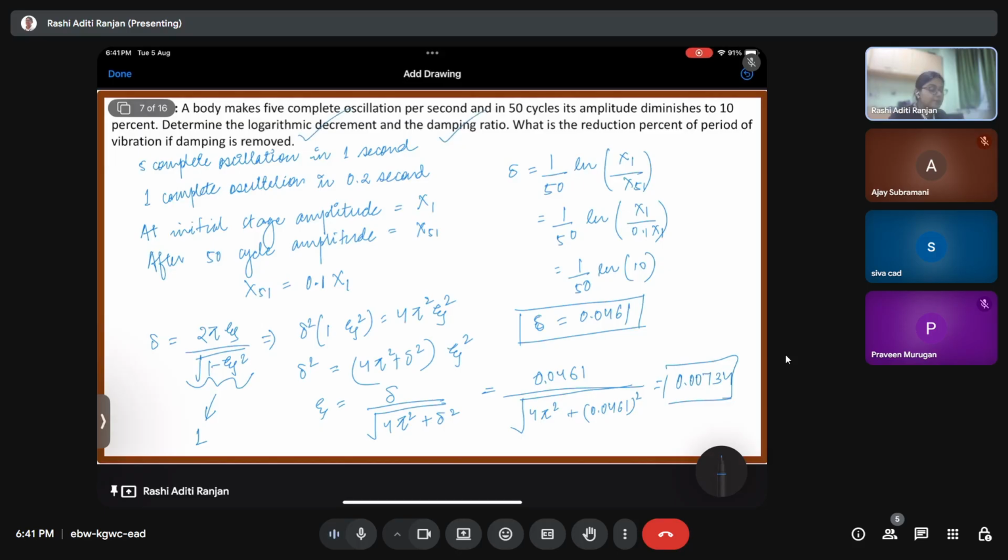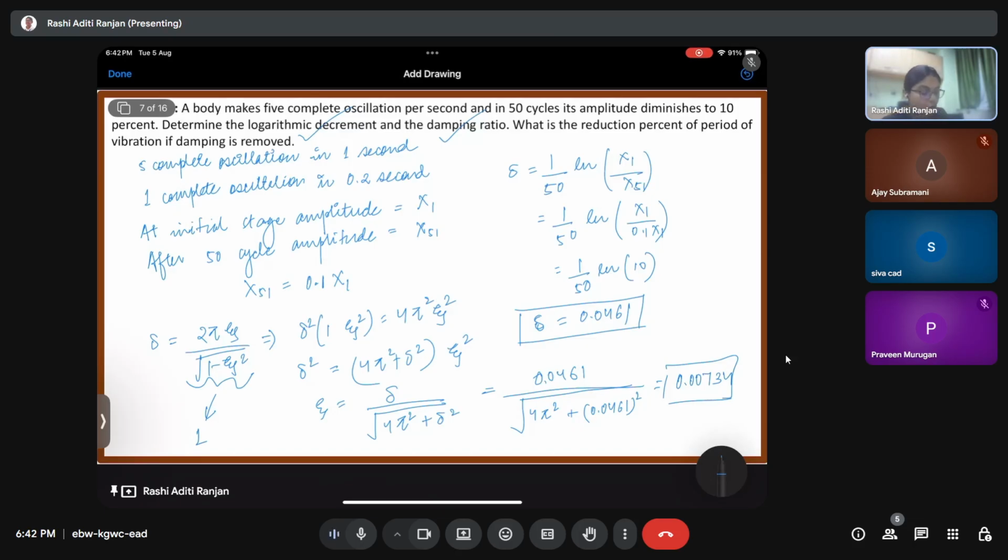Now the next part of the question says: what is the reduction percent of the period of vibration if damping is removed? For now, the period of vibration is 0.2 second that we have already calculated.